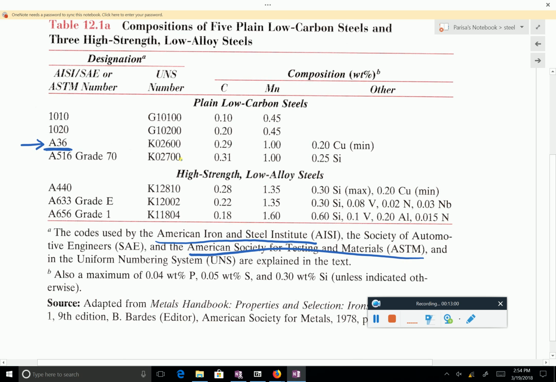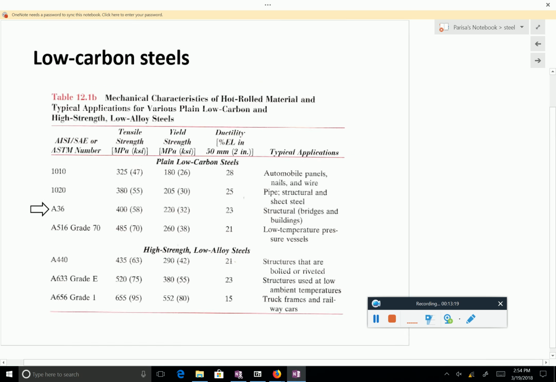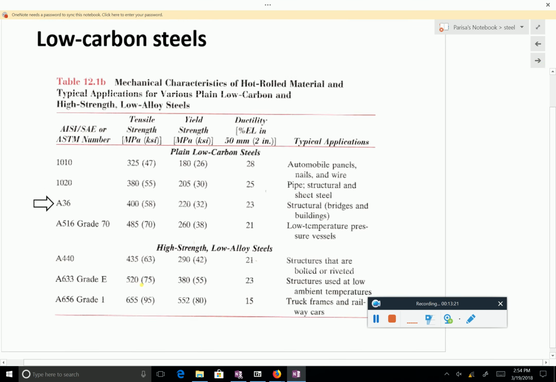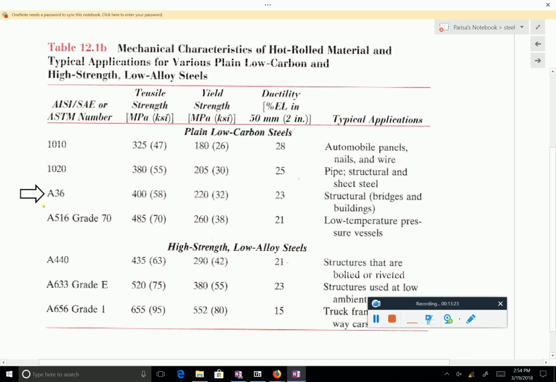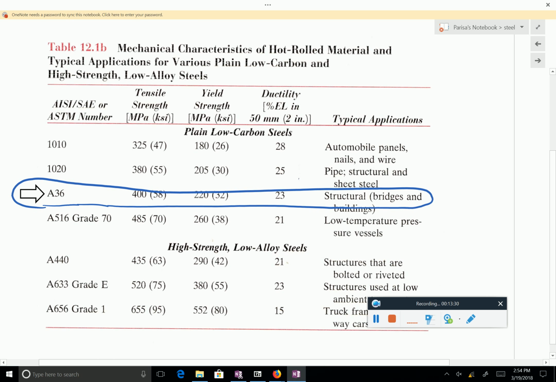And you can see in the catalog what the elements in the composition of this material are. And for the other types, you can also go and check. You see that the carbon percentage is 0.29% by weight, for example. And then you see that there are other elements. These kinds of codes also provide you with the approximate or typical mechanical properties of the material.